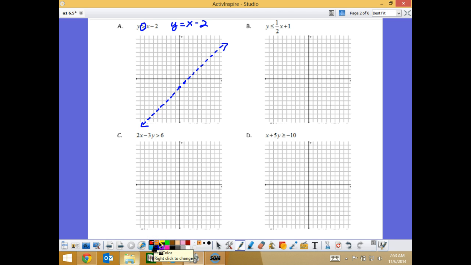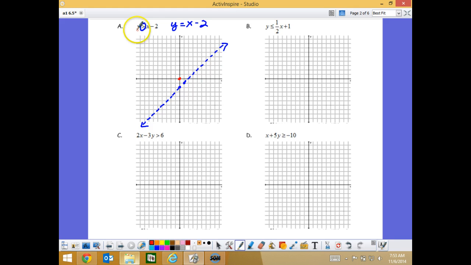The easiest point to pick as our test point is the point 0, 0. You need to pick a point that's not on the line, and as long as the line does not go through the point 0, 0, pick 0, 0. It's the easiest one to test.